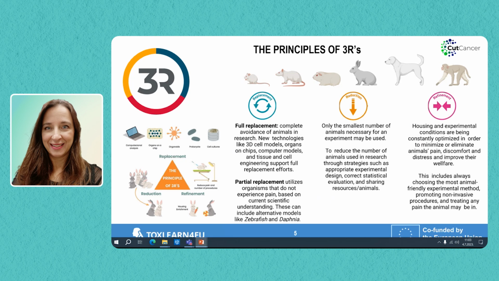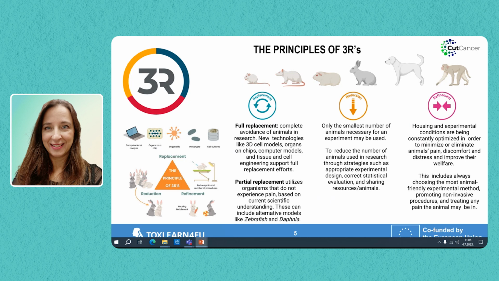Then we can have also partial replacement, which means that we use organisms that do not experience pain. This is based on the scientific knowledge. And here, for example, we include a zebrafish model, Daphnia model, and similar. Then we can talk about reduction.